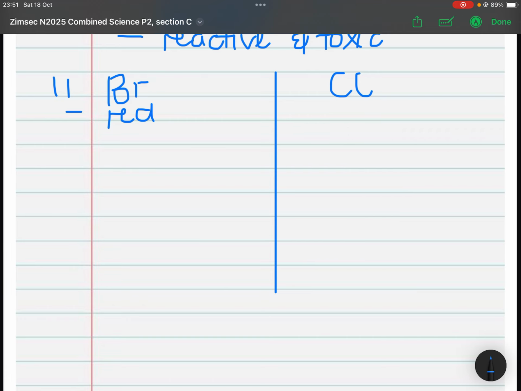We divide into 2. We write our bromine here, and then this is our chlorine, right? So bromine is a reddish brown liquid, right? So they have different colors.